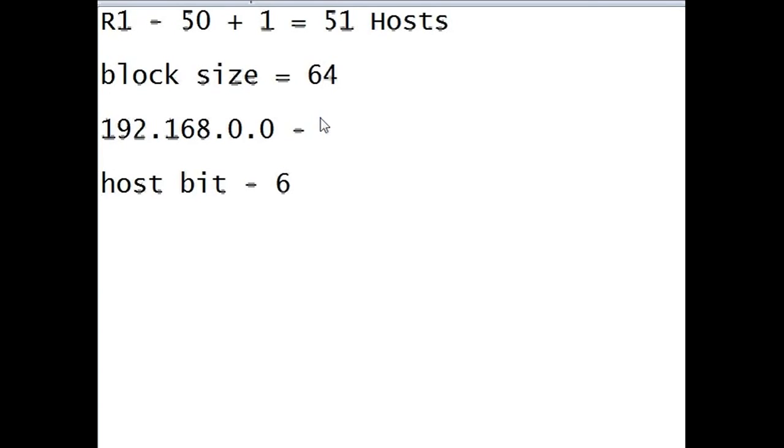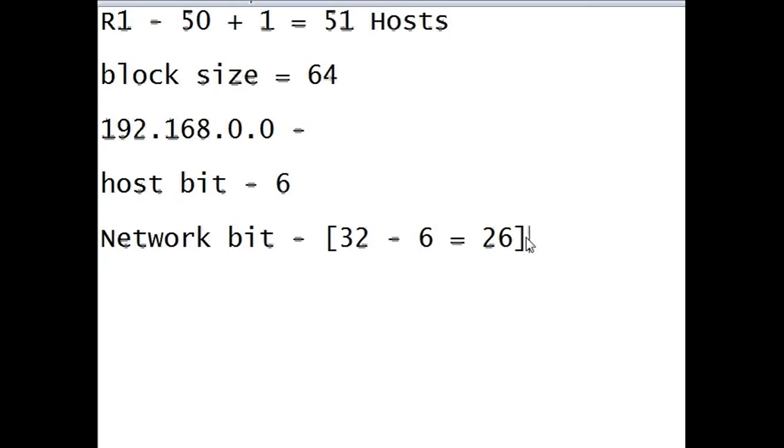When the host bits are 6, my network bits will be 32 minus 6, which is 26. This is my calculation of network bits.